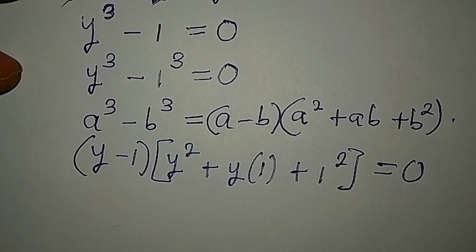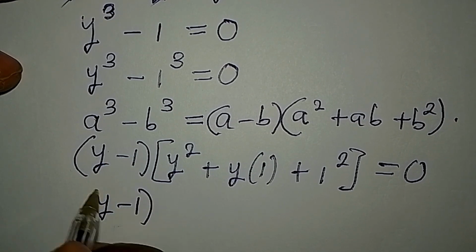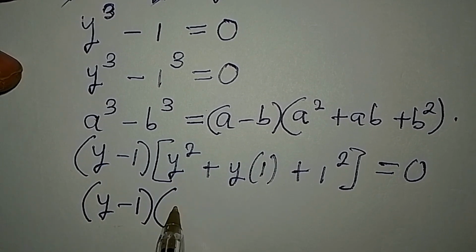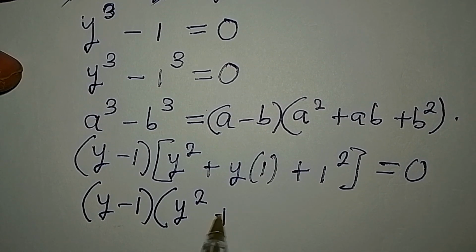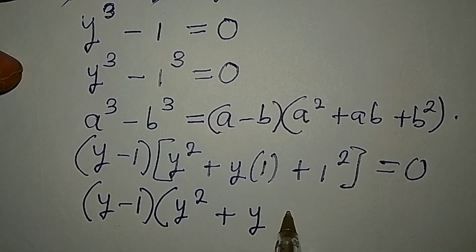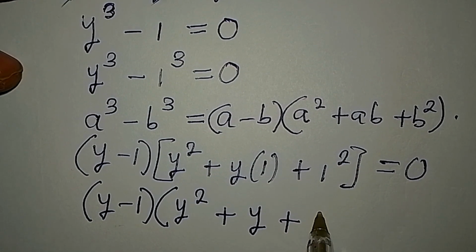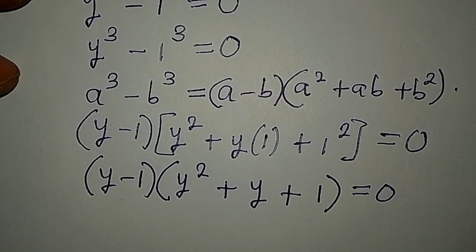Okay, now if we continue, from here we have y minus 1, then here we have y squared plus y times 1 is y, plus 1 squared is 1, then this is equal to 0. So from here we can now see that we are going to get 3 solutions.